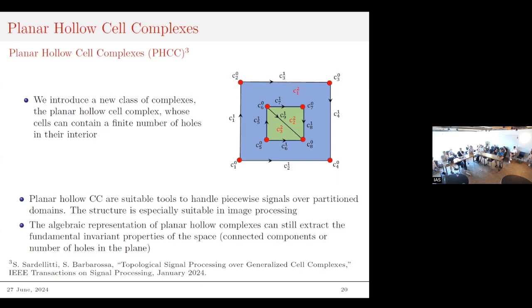It is strange from a topological point of view, because a cell cannot contain holes. But anyway, we have proved that we can still extract the invariant property of the space by using this cell in the planar case.